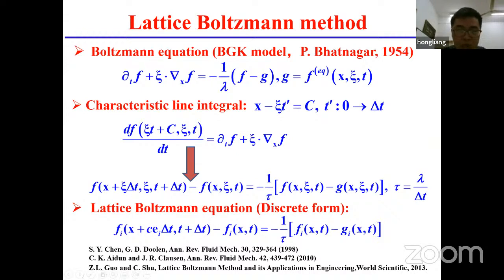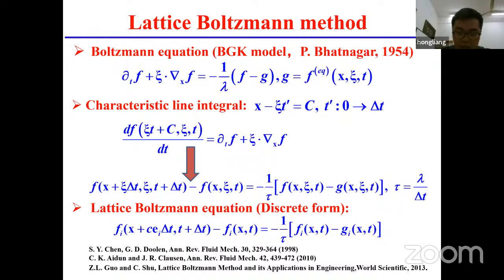In practice, these equations should be discretized in velocity space, physical space, and time. Using the characteristic line integral, we can obtain these equations, and finally we can obtain the Lattice-Boltzmann equation.